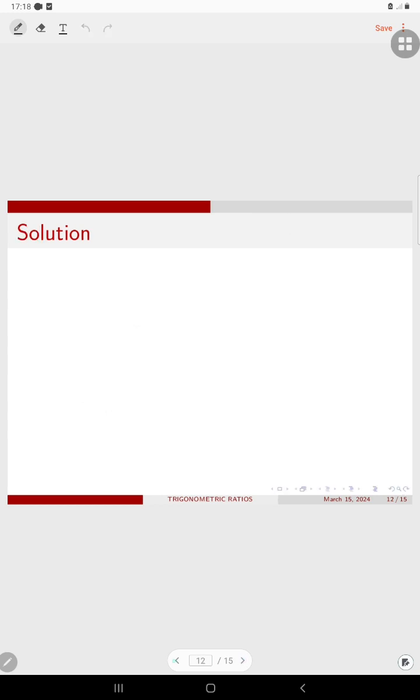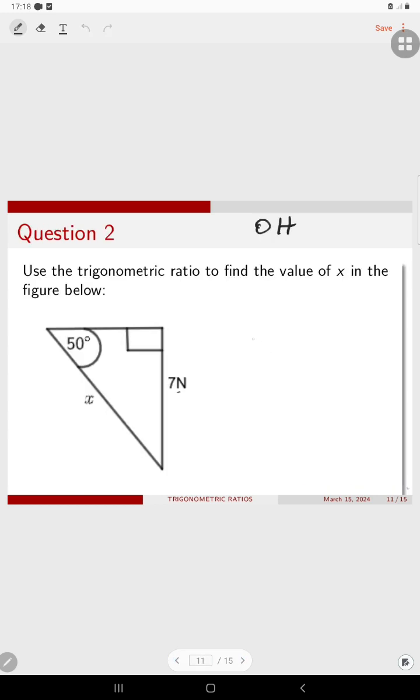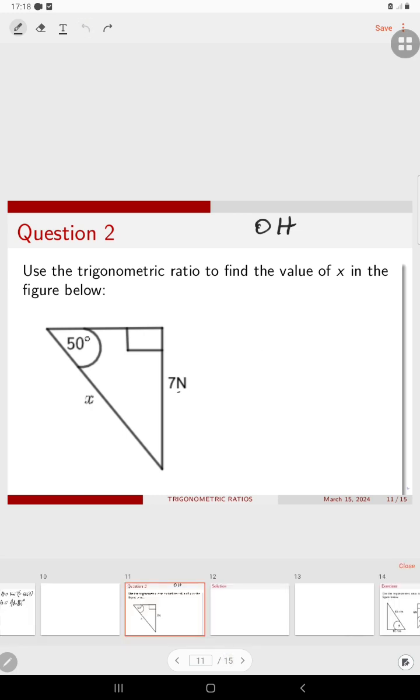So I will say sine. Let me write it here before I transfer. Sine 50 degrees is equal to opposite over what? Hypotenuse. And what is my opposite? 7 over x. I hope you are following. So let's transfer this one to the next page as my solution.